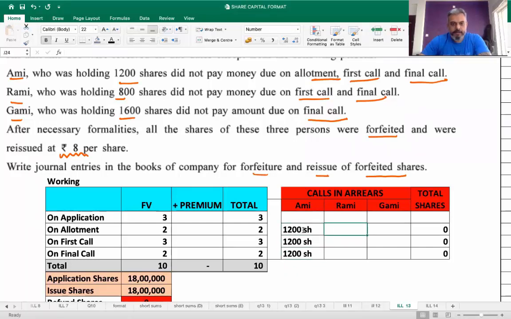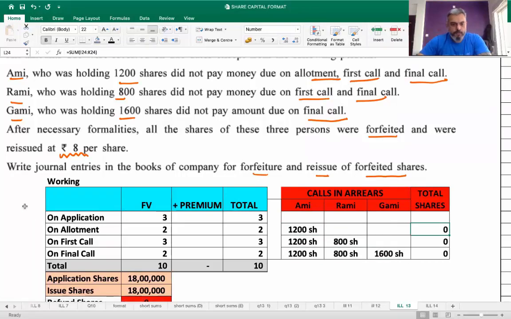Then Rami, who was holding 800 shares, did not pay the first call and the final call. So 800 shares. And Gami, who was holding 1600 shares, did not pay amount due on final call. So we write all the three.